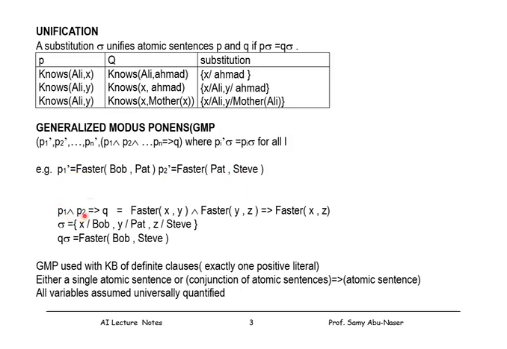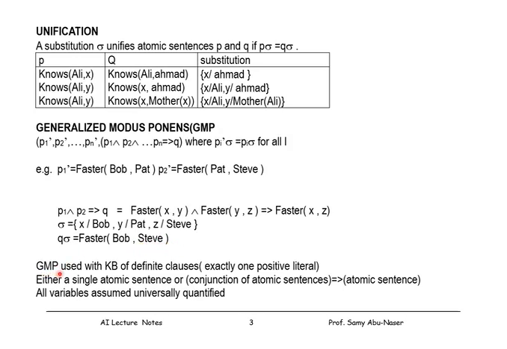P1 and P2 implies Q means Faster(X, Y) and Faster(Y, Z) implies Faster(X, Z). Here we use X for Bob, Y for Bet, Z for Steve. The result would be Faster(Bob, Steve).